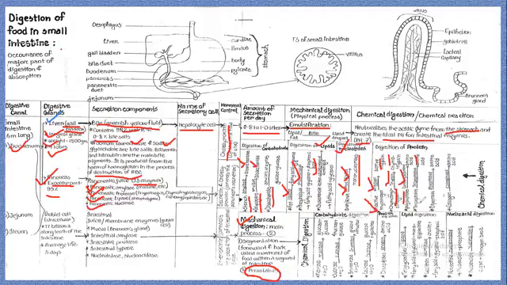Tripeptide, in the presence of tripeptidase, is transferred into amino acid. Dipeptide, in the presence of dipeptidase, is transferred into amino acid. And collagen protein is transferred into amino acid. Okay.